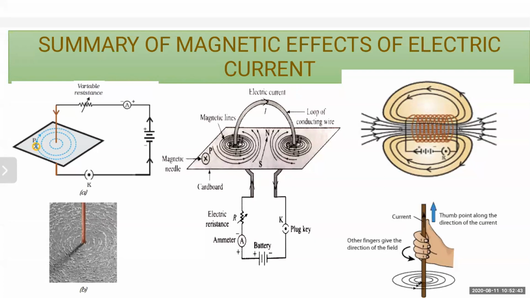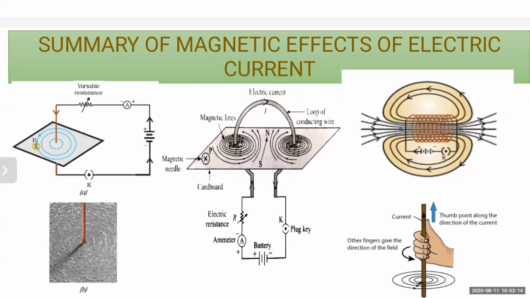That thumb shows the direction of the current. And you wrap your fingers as shown in the diagram. That finger shows the direction of the magnetic field.